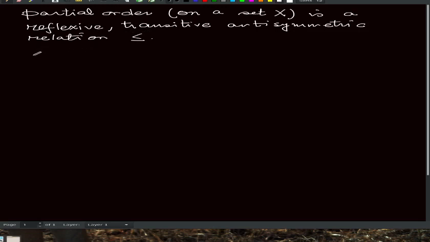And then when we take this set X plus its partial order, this pair is often called a partially ordered set.